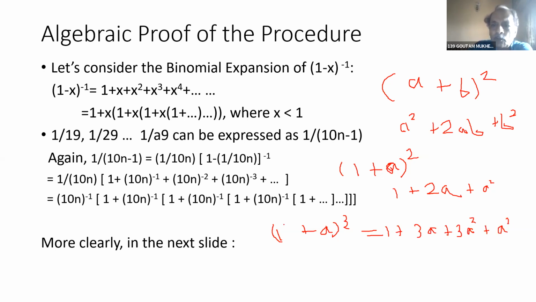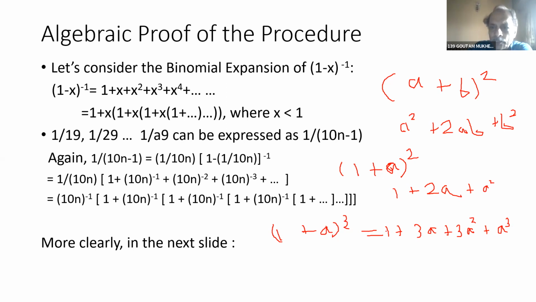In fact, (a + b) whole cube is a cube plus 3a square b plus 3ab square plus b cube. But here instead of b I wrote a, and instead of a I wrote 1. So it takes this form.